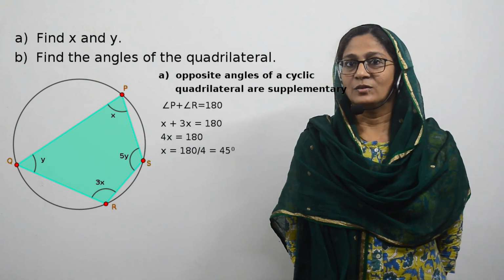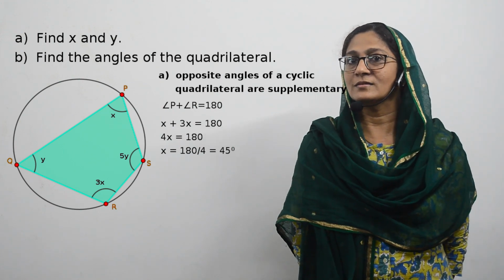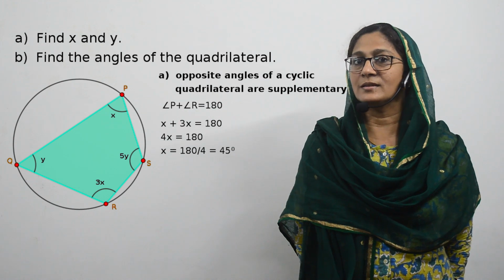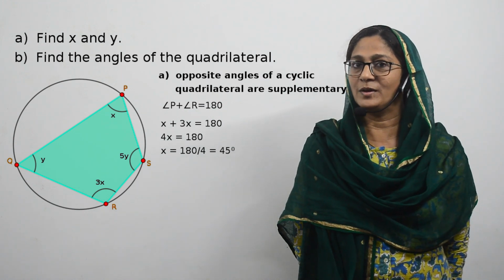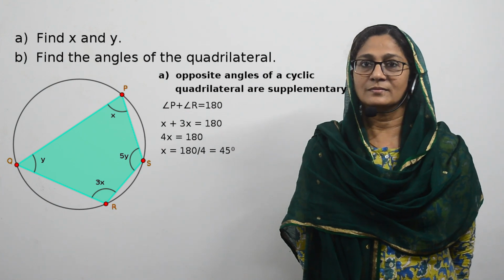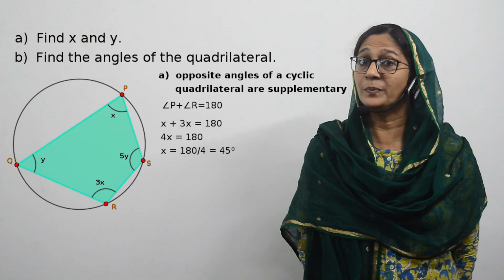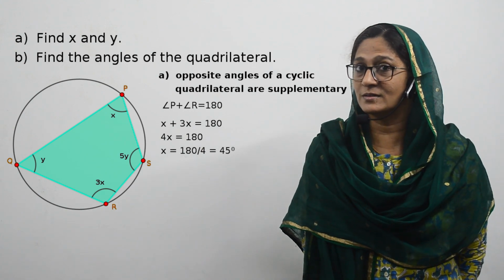Yes, you can add x and 3x, we get 4x equal to 180 degrees and x is equal to 180 divided by 4, 45 degrees. So the measure of x is 45 degrees and the measure of angle P is 45 degrees.